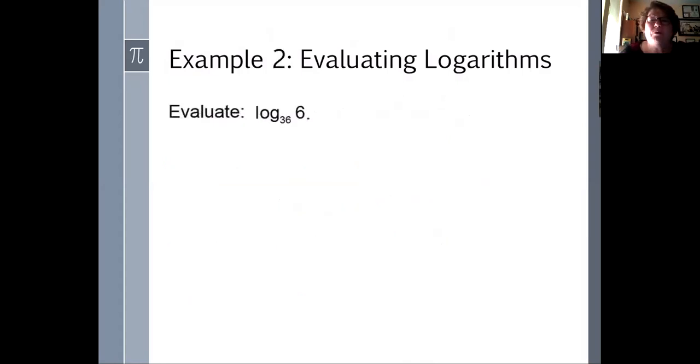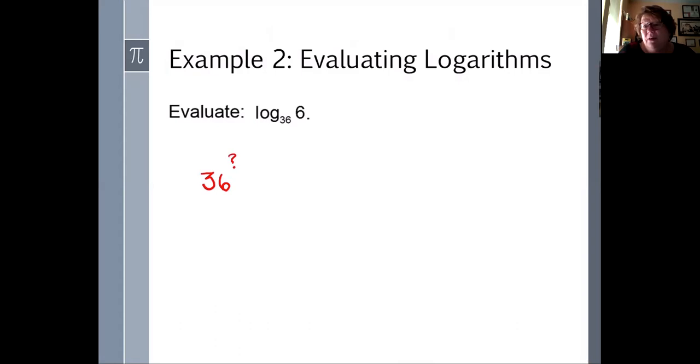All right, how about this one? Log base 36 of 6. So again, let's write this as an exponential. We have 36 is our base. We're going to raise that to some power, which I'm just denoting with a question mark. I could certainly, instead of using a question mark, use the variable y.